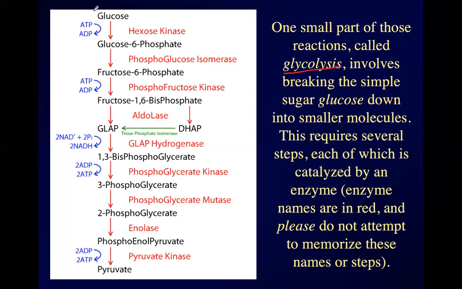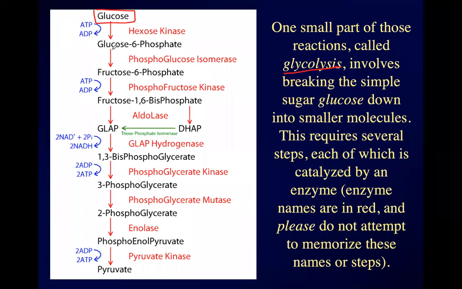So every substrate here is printed in black, and glucose right here is up at the top. And glucose has to be converted to glucose 6-phosphate by an enzyme called, I can't actually read that because I've got a little notice up in front of it.